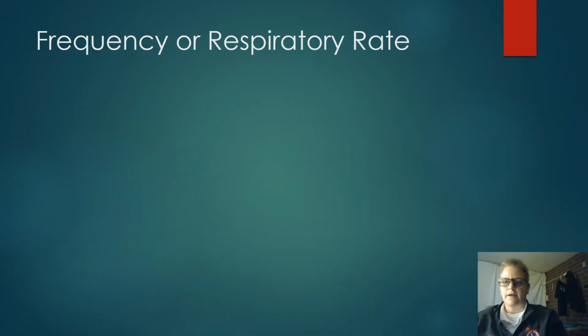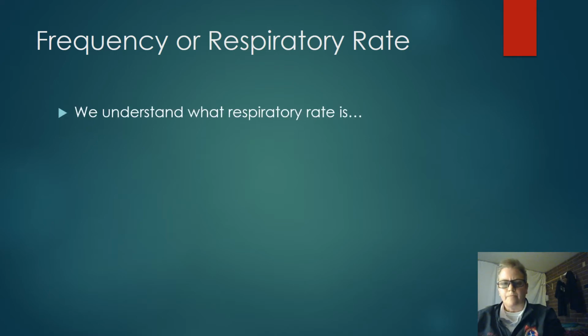Okay, let's talk about our respiratory rates. We've kind of figured out how to find our respiratory rates already, but our frequency of respiratory rates, we understand through the ARDSNet studies that those higher tidal volumes and low respiratory rates were giving them a good minute volume, but they were injuring those lungs.